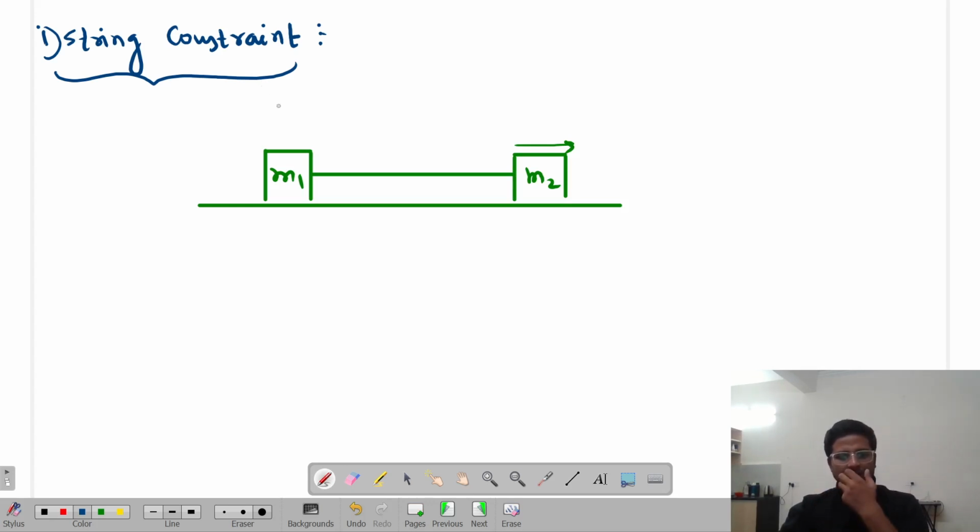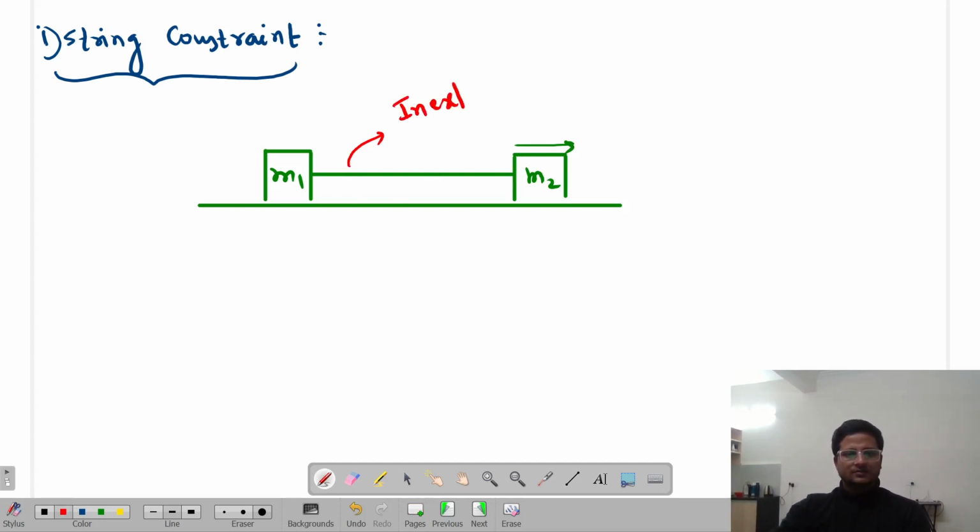मतलब अगर मान लो, if I am moving and if I attach myself with a thread, then the rules of the thread will be applicable on me, and then I'm going to be following which motion? String constraint motion. Are you able to get me or not? So let us understand what are those two rules. If I attach two bodies with some kind of a thread, then the first rule says that this thread is going to be inextensible in nature.